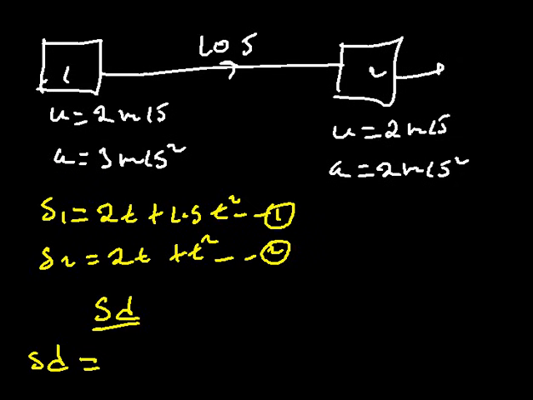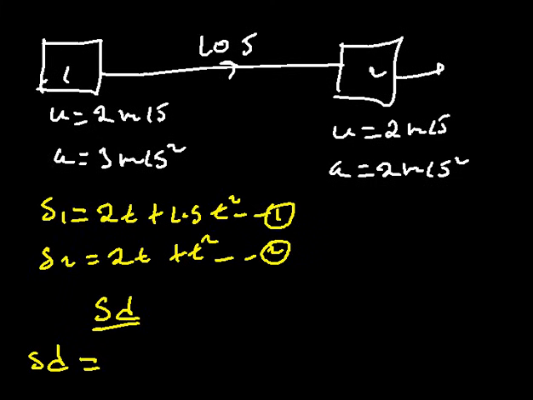SD will be given as, now you substitute 10 seconds into the displacement equation for object 2. Mind you, what you are to calculate is not S2. You are calculating the separation distance corresponding to 10 seconds. And mind you, this distance has been covered by object 2, so no wonder we substitute this time into the displacement formula for object 2.